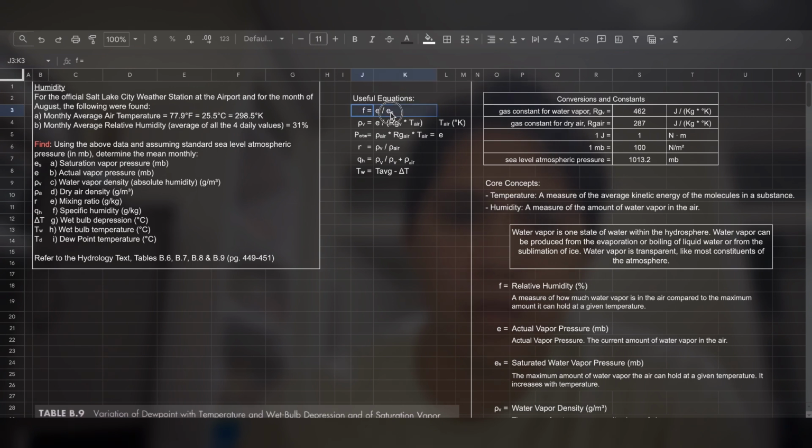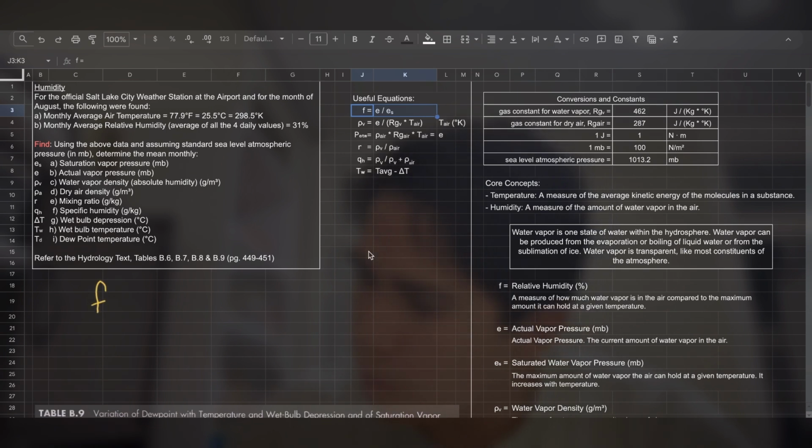For part B, we're going to use this one here, which is F equals E over E sub S. We're asked for the actual vapor pressure, which is E. That will be F times E sub S.